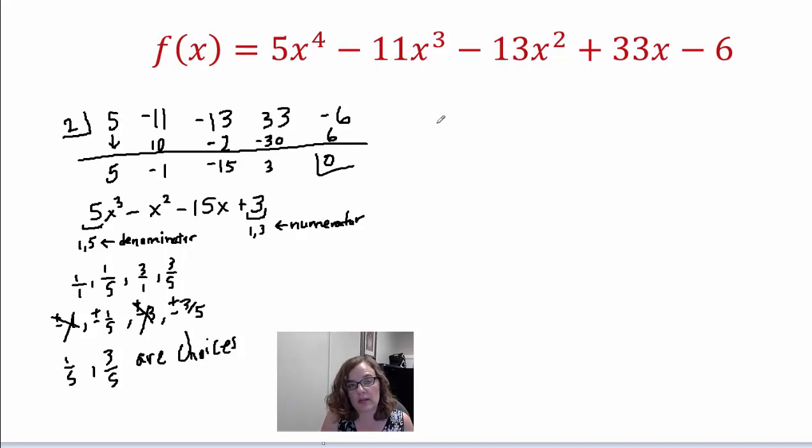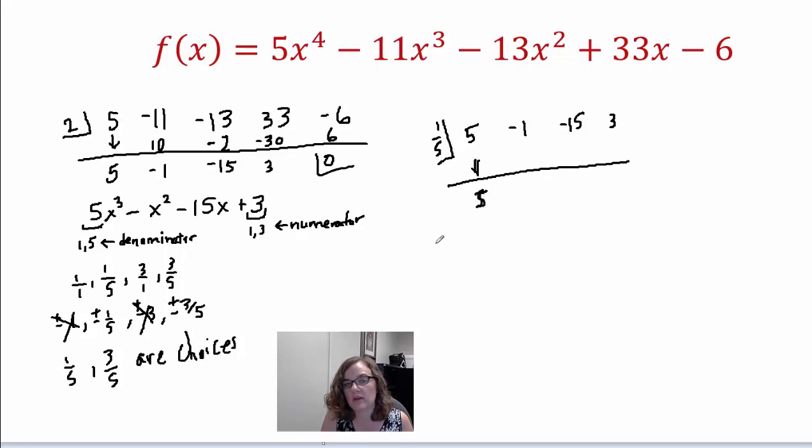So I'll tell you what, let me try the 1/5 and see if that works. Sometimes students will shy away from using fractions here, but you have your calculator, so it shouldn't be too bad to do a fraction.